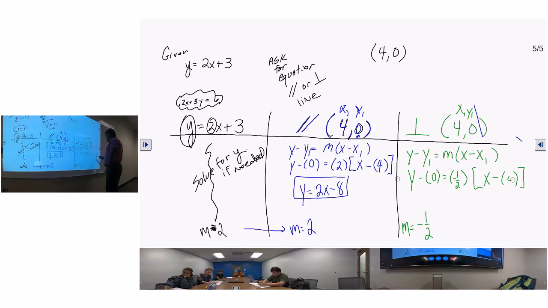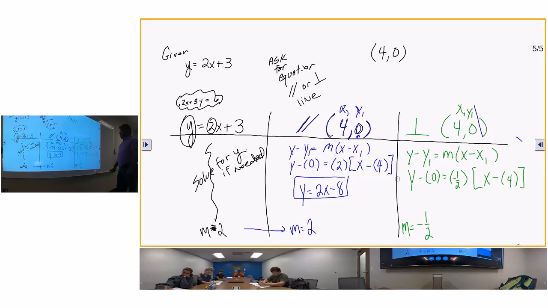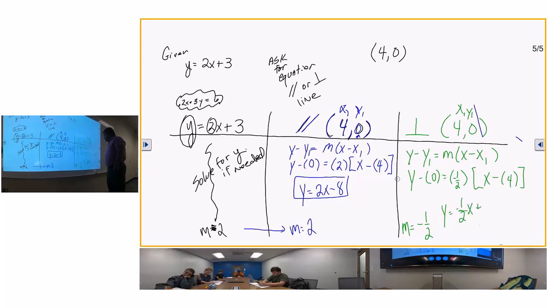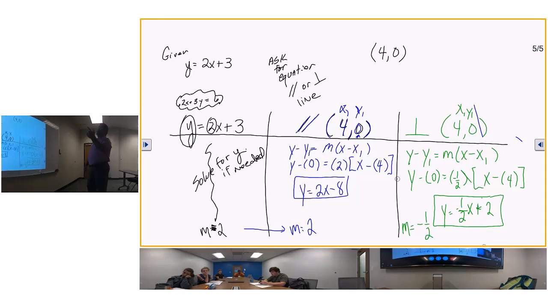And 4. So y is equal to -1/2 x plus what? 2. And that green equation is perpendicular to 2x plus 3.